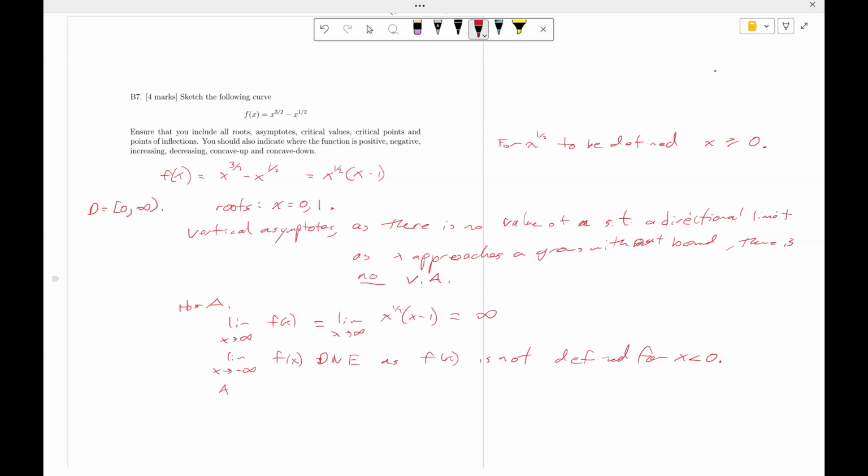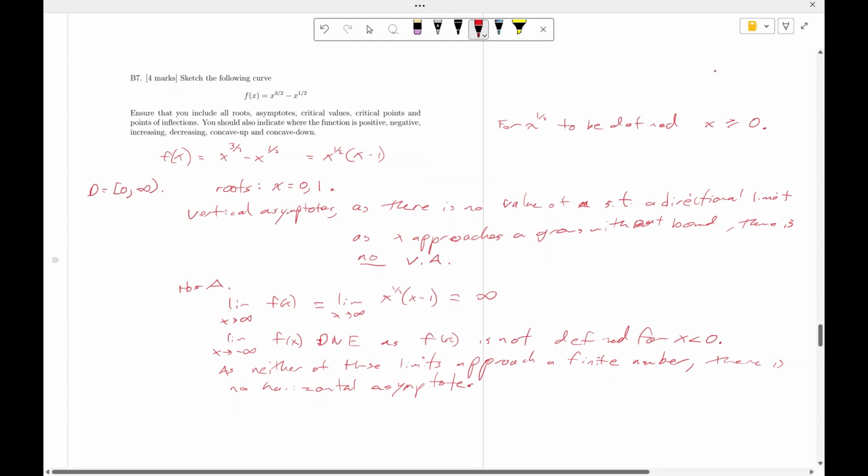As neither of these limits approach a finite number, there is no horizontal asymptote. So there's no horizontal asymptote, there's no vertical asymptote.